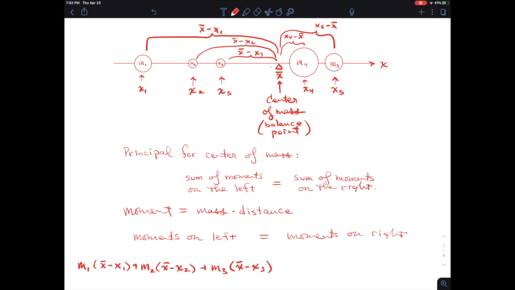That's the sum of the moments on the left, and this has to be equal to the sum of the moments on the right. So again, on the right, you have mass 4 at distance x4 minus x bar, and then the last mass, m5, at distance x5 minus x bar.